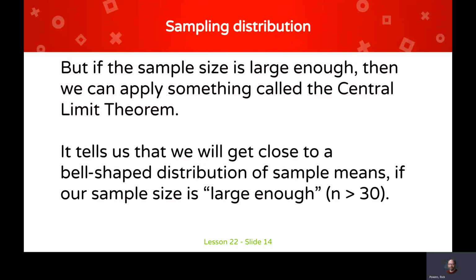But if the sample size is large enough, then we can apply something called the central limit theorem. It tells us that we will get close to a bell-shaped distribution of sample means if our sample size is large enough, if n is greater than 30.